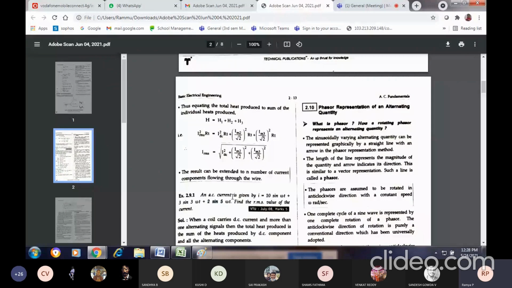Use the calculator, because just now I have explained the concept. I have given one problem and you tell me the value for IRMS now.